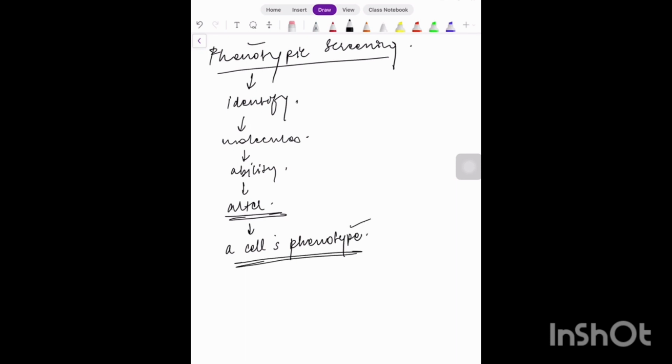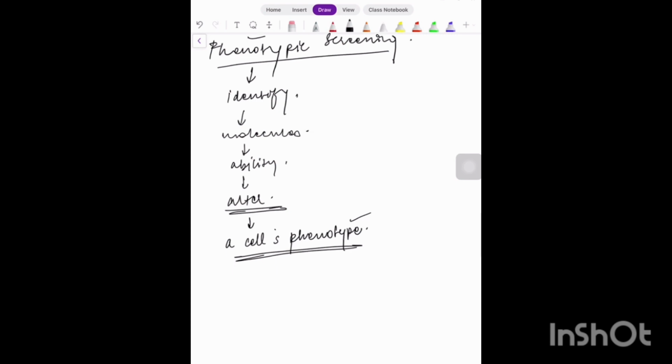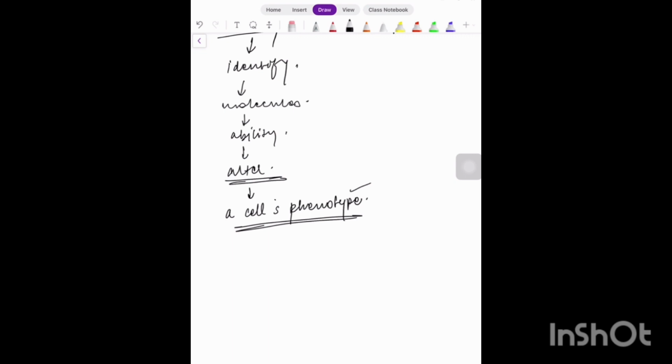Any similarity between these two? So animal models and cell-based assays are both the strategies used to identify these molecules. So we do phenotypic screening to identify a molecule that has the ability to alter a cell's phenotype, and we take the help of animal models or cell-based assays to do so.